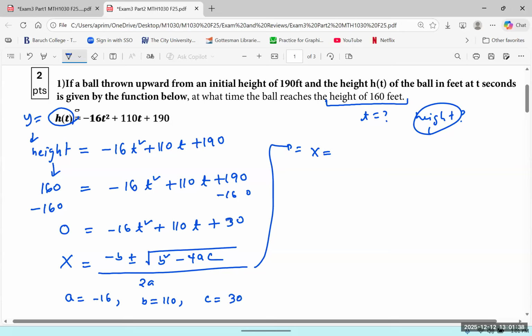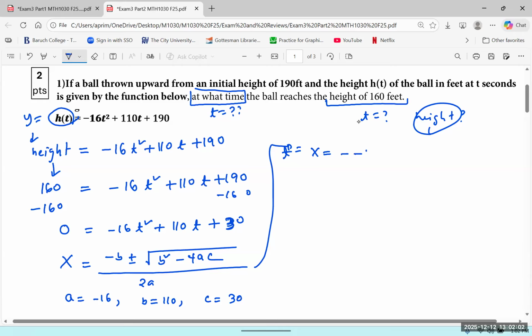You are solving this equation. Did you ask me for at what time? That means what is t? For x, this is our t, because in our equation there is no x. So t is the x value.